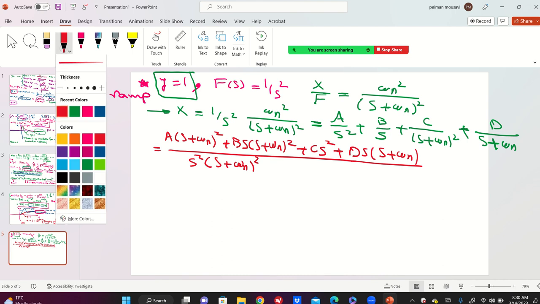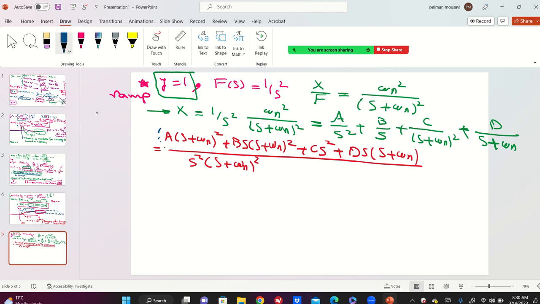So obviously this equals omega n squared. Now you can sort based on the order of s. For s cubed, you're going to have b.